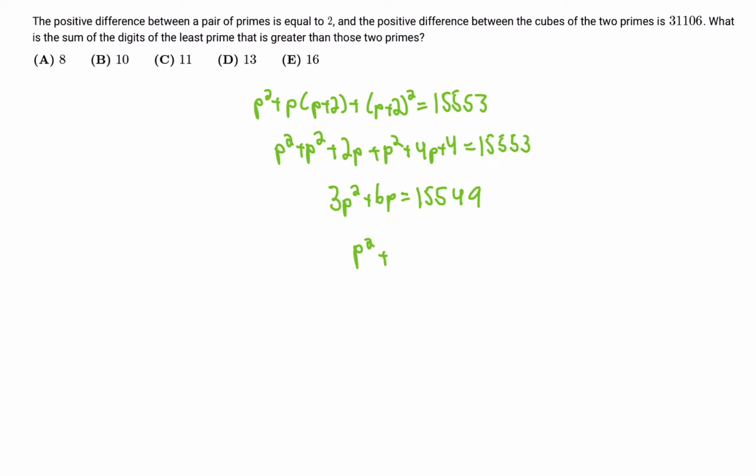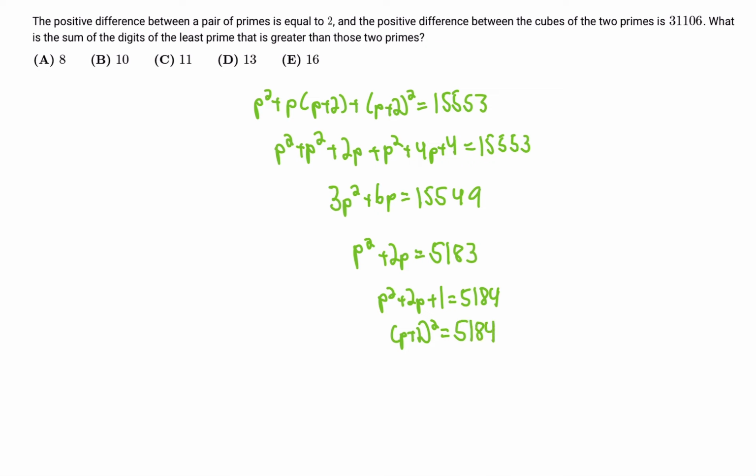So then p squared plus 2p is equal to 15549 divided by 3, which equals 5183. So p squared plus 2p looks a little bit like a perfect square. So let's try adding 1 to both sides to make it really a perfect square. And then we recognize that factorization is p plus 1 squared equals 5184.